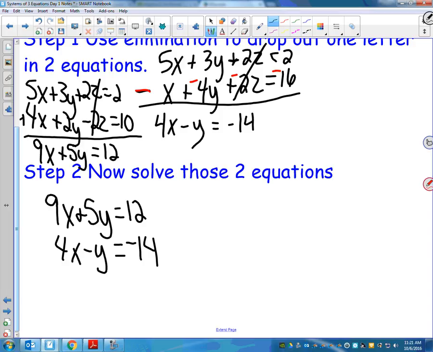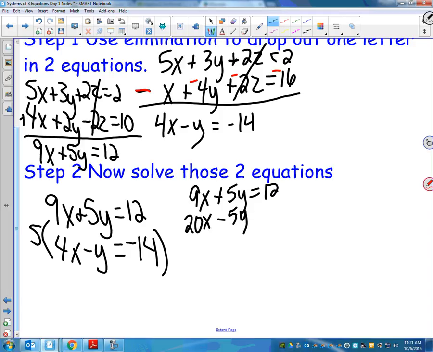And would you choose to make your x's the same or make your y's the same? Definitely I would choose my y's, and I'm just going to multiply that by 5. And again, it's because I like to add, and I want to make it the opposite sign of positive 5y. So I have 9x plus 5y equals 12, and 20x minus 5y equals negative 70.